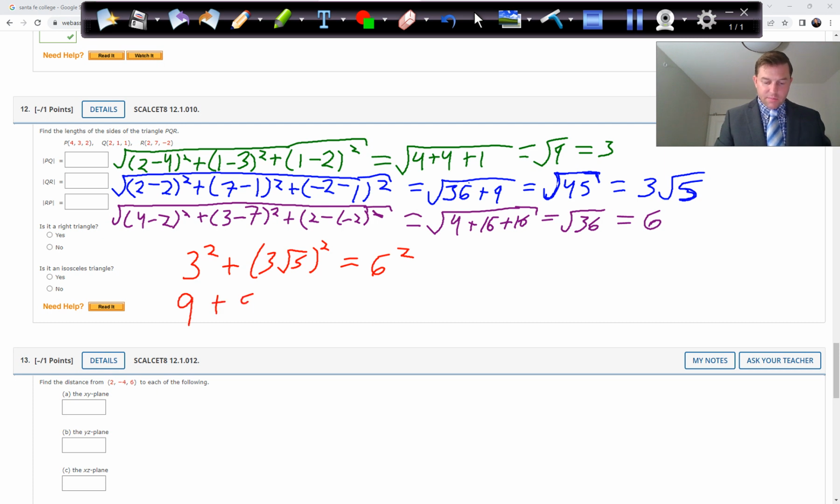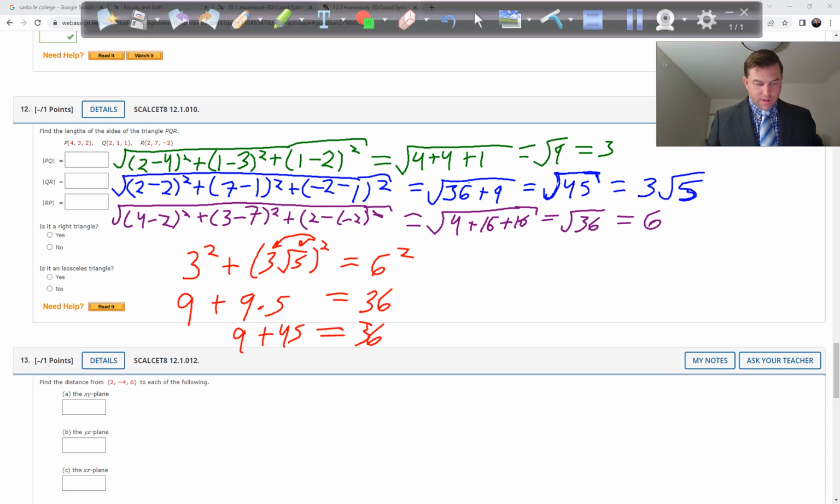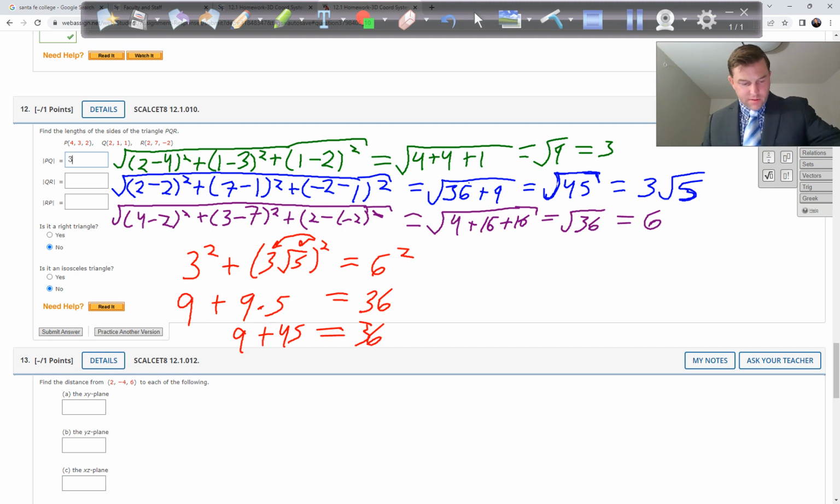This should be 9 plus 9 times 5. So this squared distributes to both. Square the 3, it's 9. Square the root 5, it's 5. Does that equal 36? Not even close. This is going to be 9 plus 45. I don't have to even compute that. That's not going to equal 36. So this would not be a right triangle. Is it an isosceles triangle? Also, that's a no, because you don't have any two sides that are the same. So let's put in our numbers here and see if we have this right.